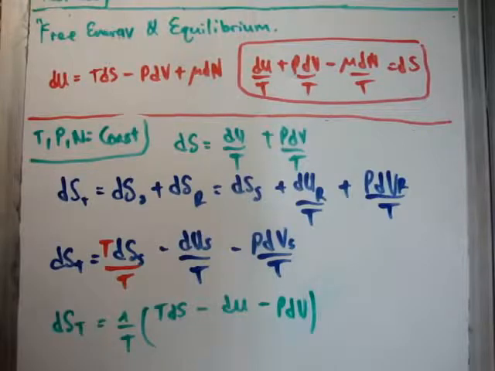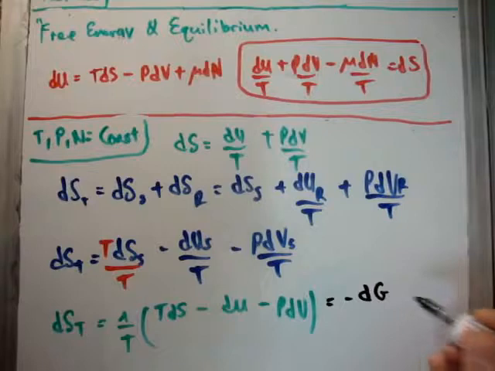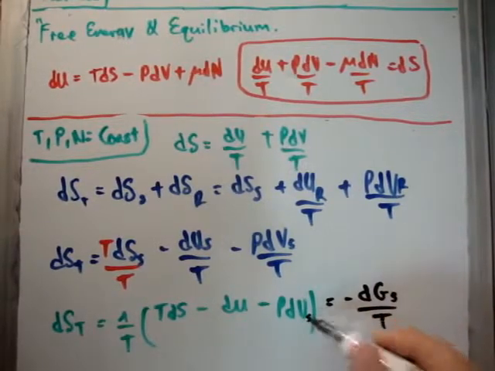Okay, and I'm sure you've seen where this is going. It's going to be minus dG of the system divided by T. I need to put in the subscript here.